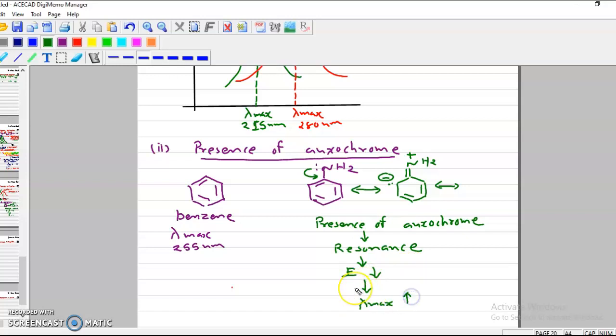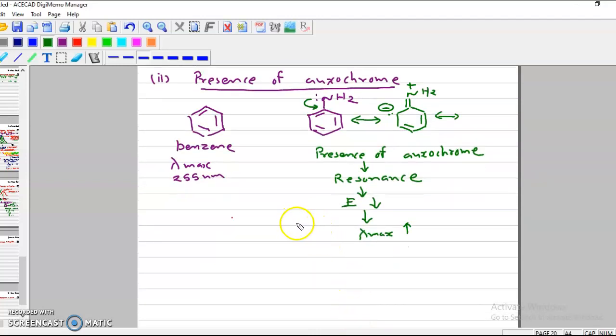So this way you will find bathochromic shift in aniline, where the value of lambda maxima is about 280 nanometer. In comparison with benzene, you will see that lambda maxima increases and you will see the red shift because of the presence of the auxochrome. And the third reason for the shift towards red color is change in polarity of solution.